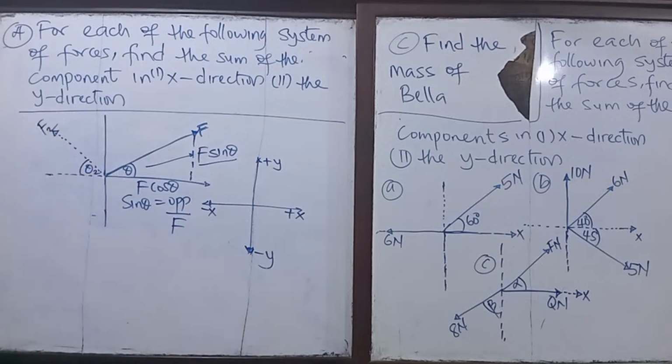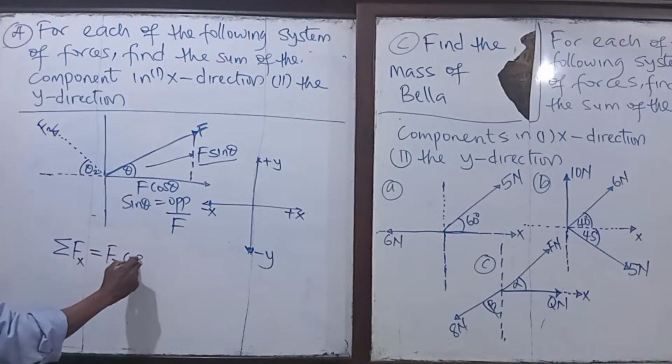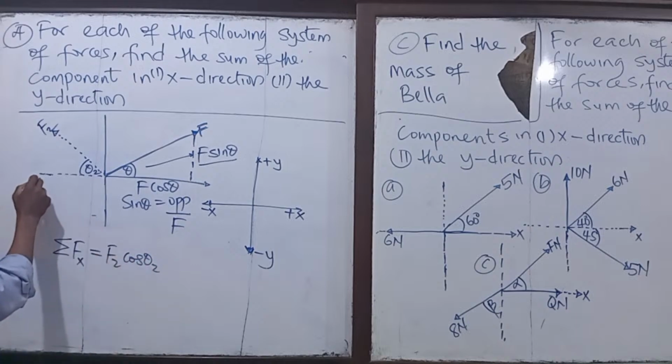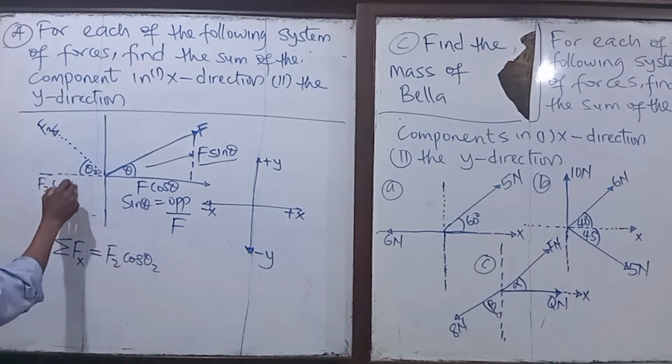When you resolve along the horizontal for theta 2, for F2, it's going to be F2 cos theta 2.